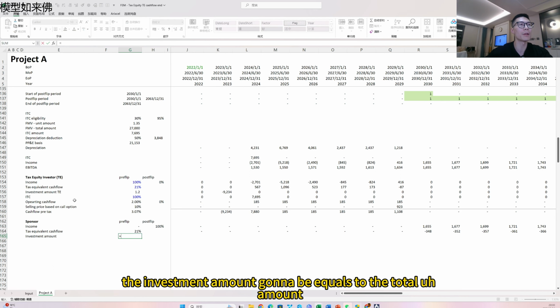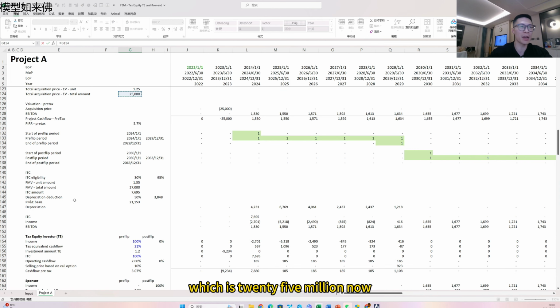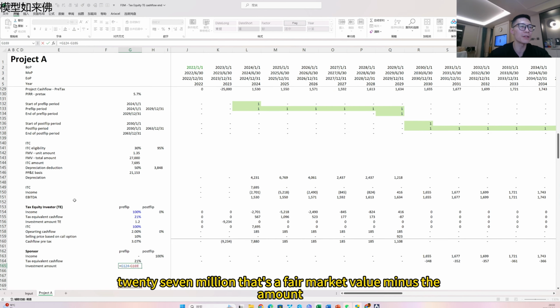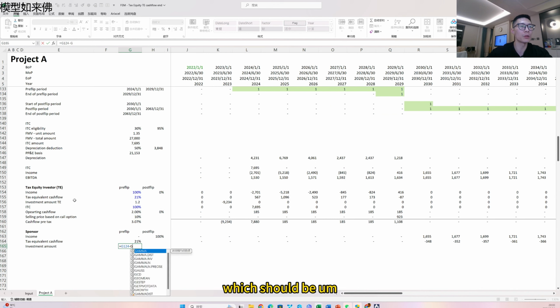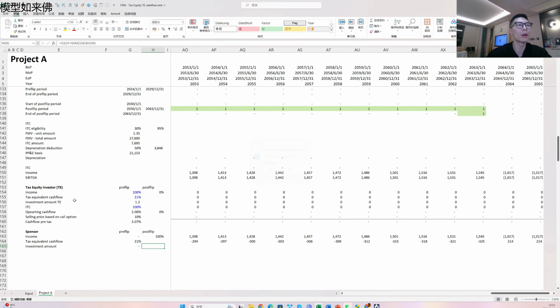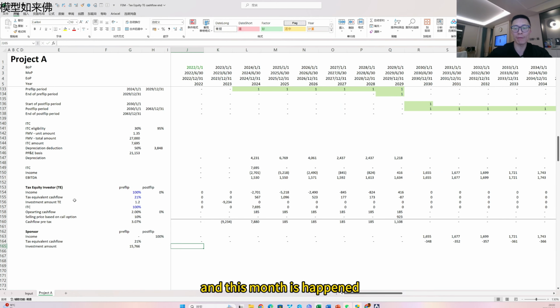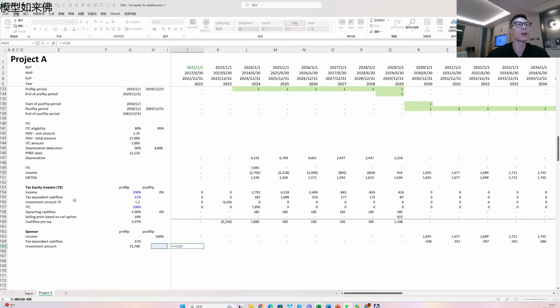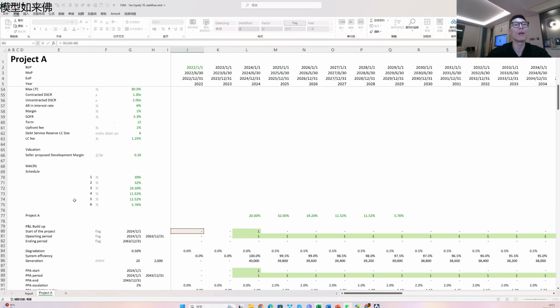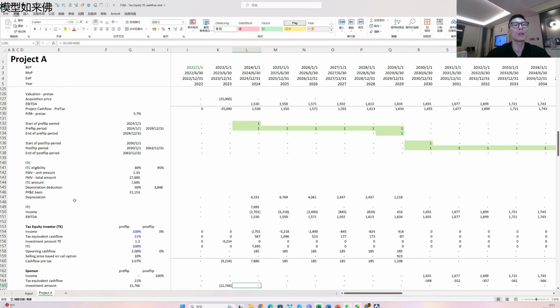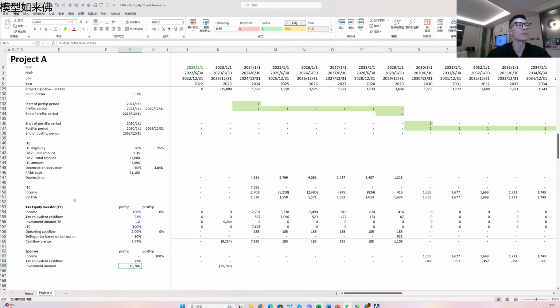The investment amount is going to be equal to the total amount, which is 25 million, now 27 million, that's the fair market value, minus the amount the tax equity investor already invested, which should be here. And this amount happens during the construction period.